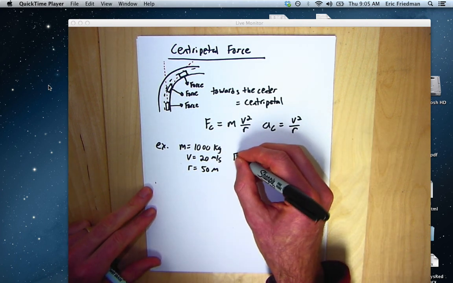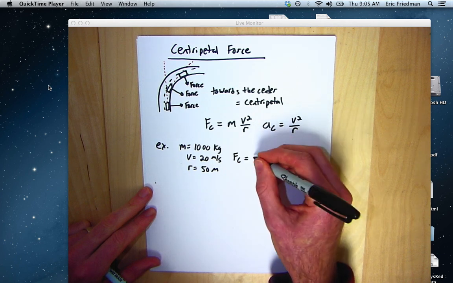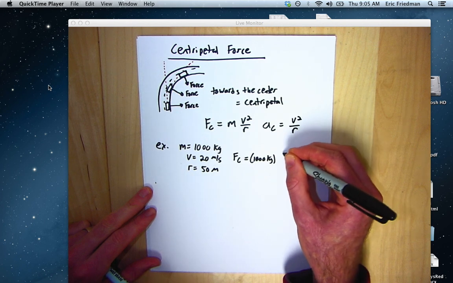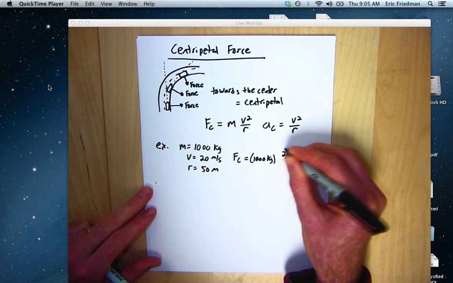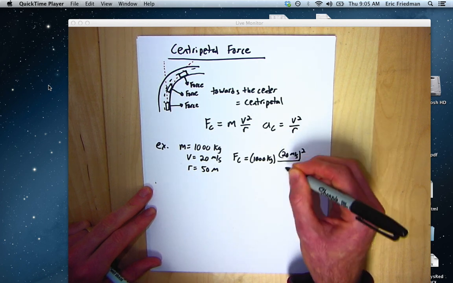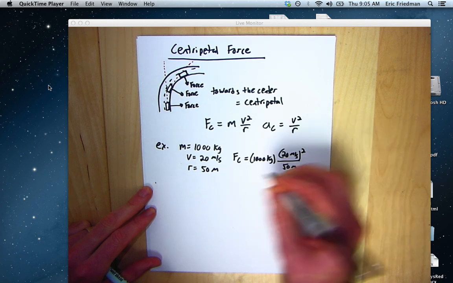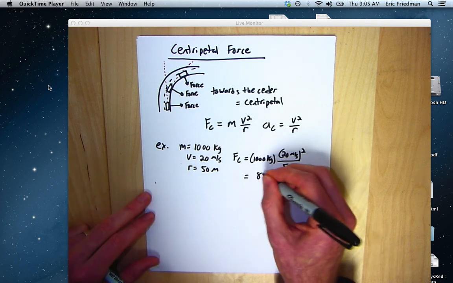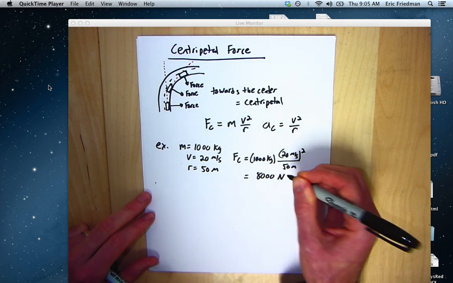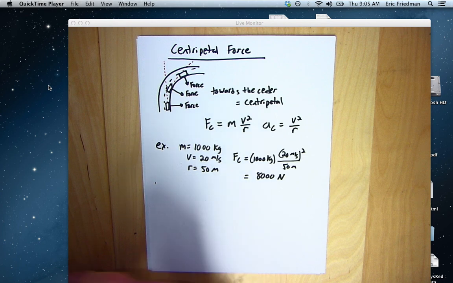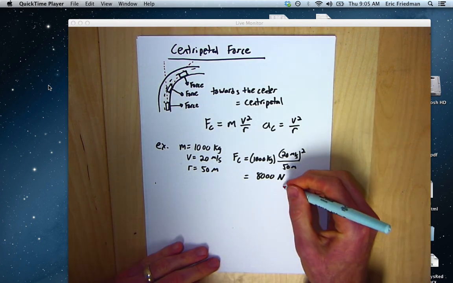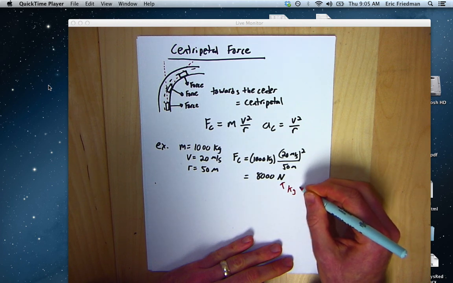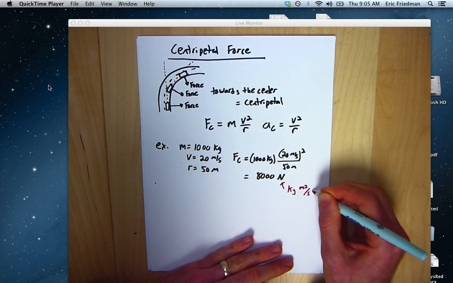So we have Fc equals 1,000 kilograms times 20 meters per second squared divided by 50 meters, and that turns out to be 8,000 newtons.